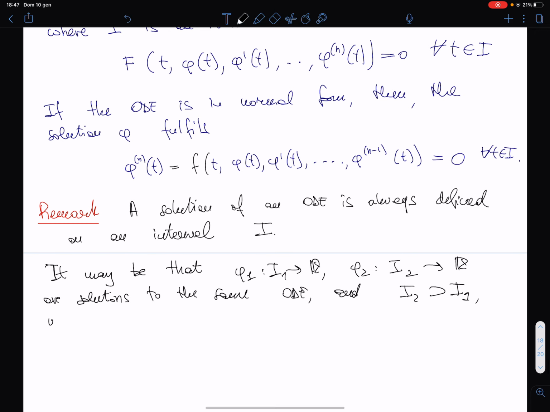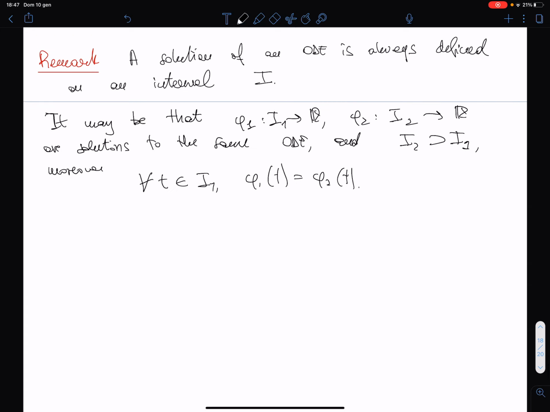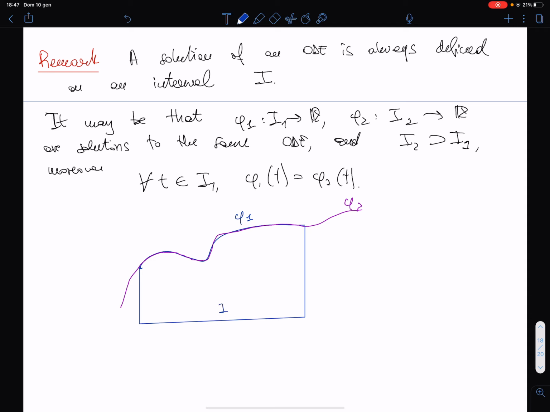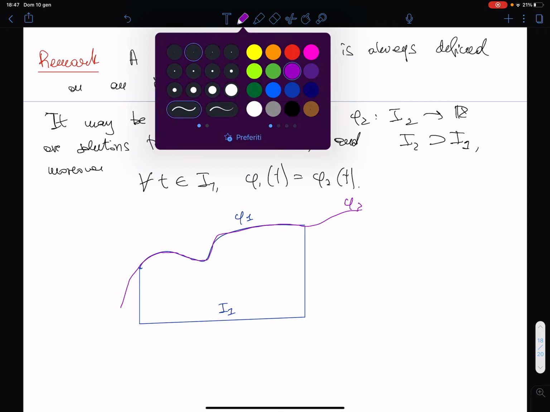Moreover, for every t in I1, we have that phi1 of t is equal to phi2 of t. So this is phi 1, and phi 2 is the same function, but it is extended. This is the interval I1, and this is the interval I2.